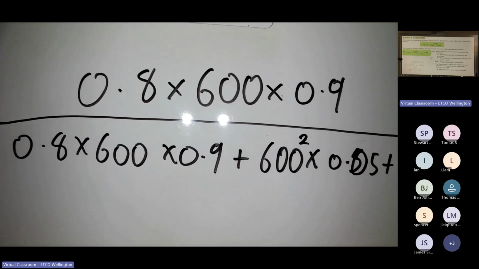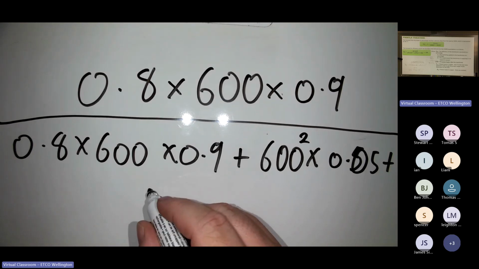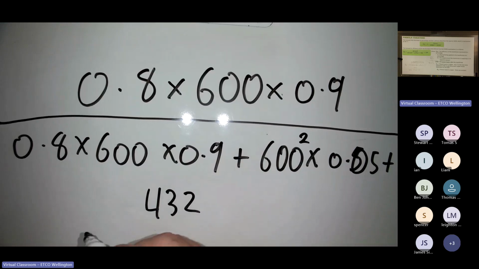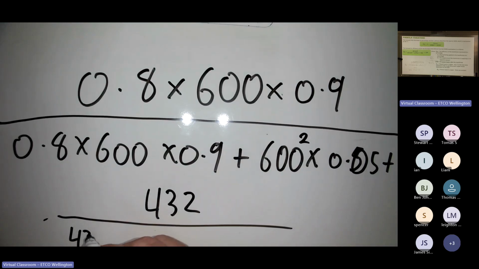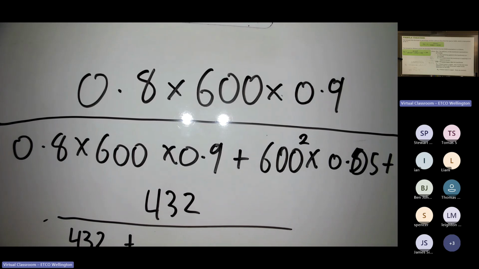So we can simplify the top one to start with: 0.8 times 600 times 0.9 gives 432. Then we divide that again by 432 plus 600 squared times 0.05.